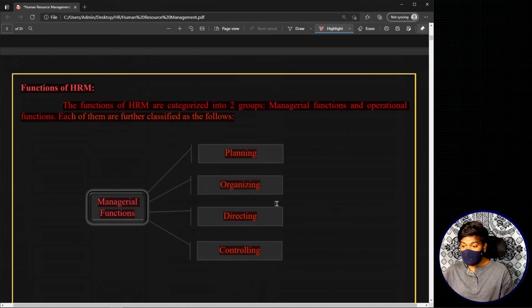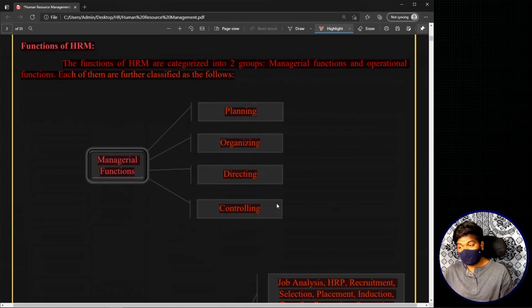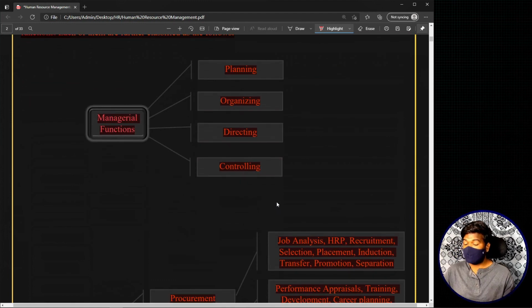So basically, these are the different functions of the concept human resource management. All the functions of human resource management are generally categorized into two groups. One is called managerial functions, the second is called operational functions, which are also non-managerial functions. In managerial functions, we have planning, organizing, directing, and controlling.